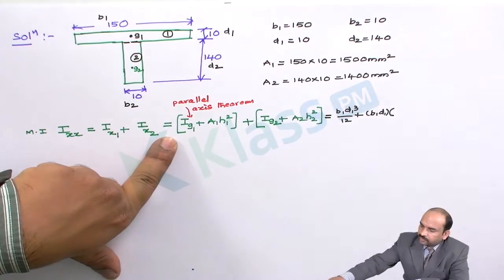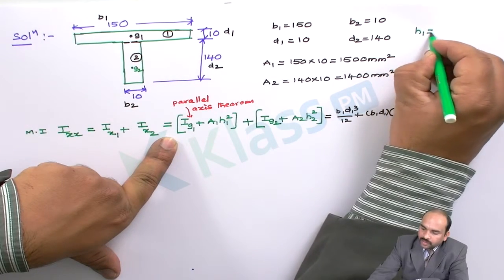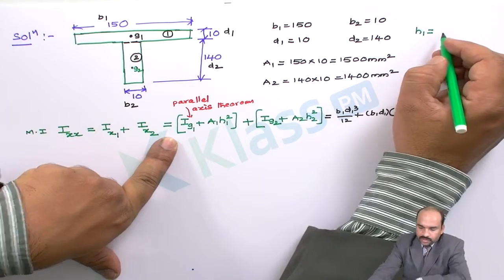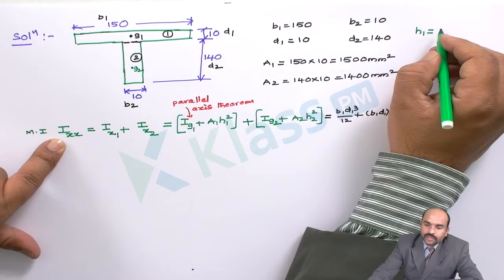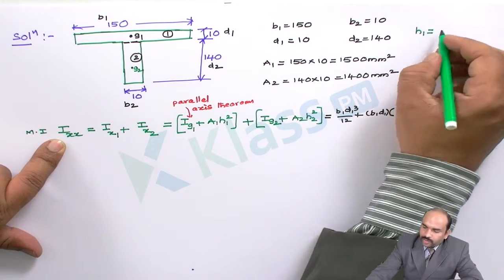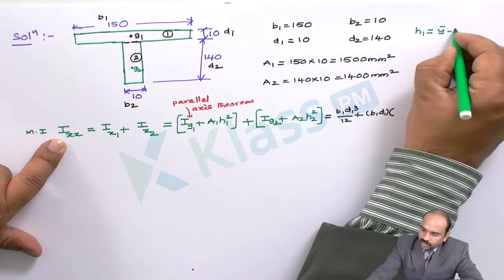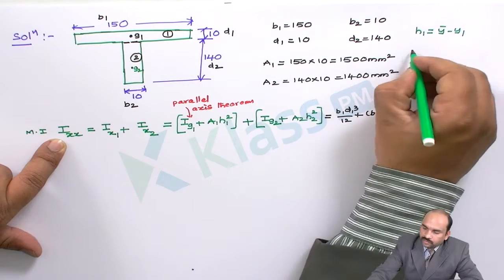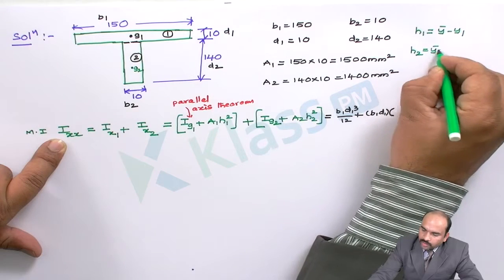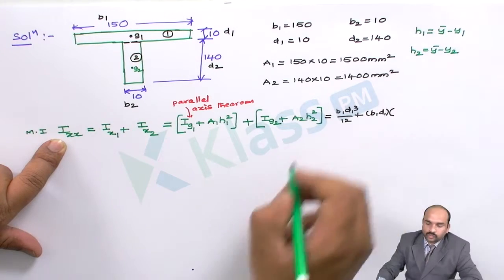Since this is about the x-axis, we take the perpendicular distance, y bar minus y1. H2 is y bar minus y2.